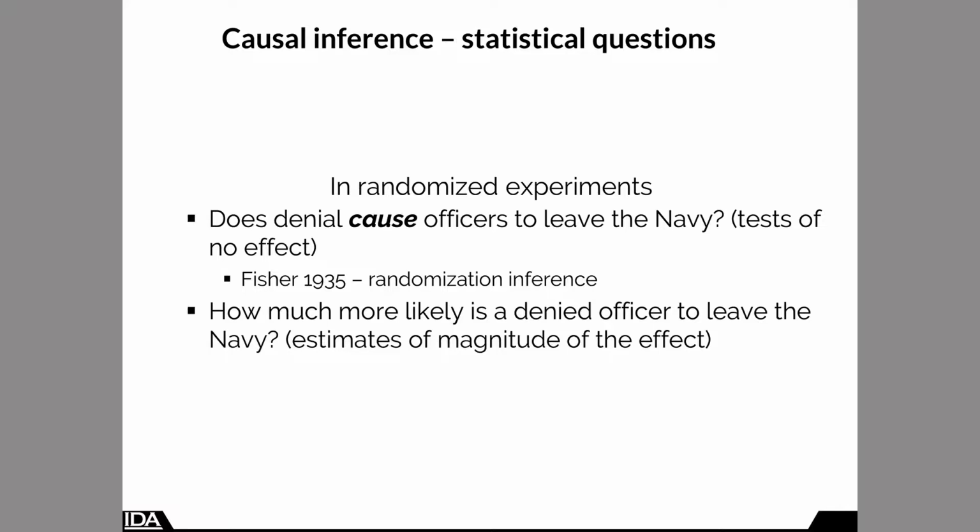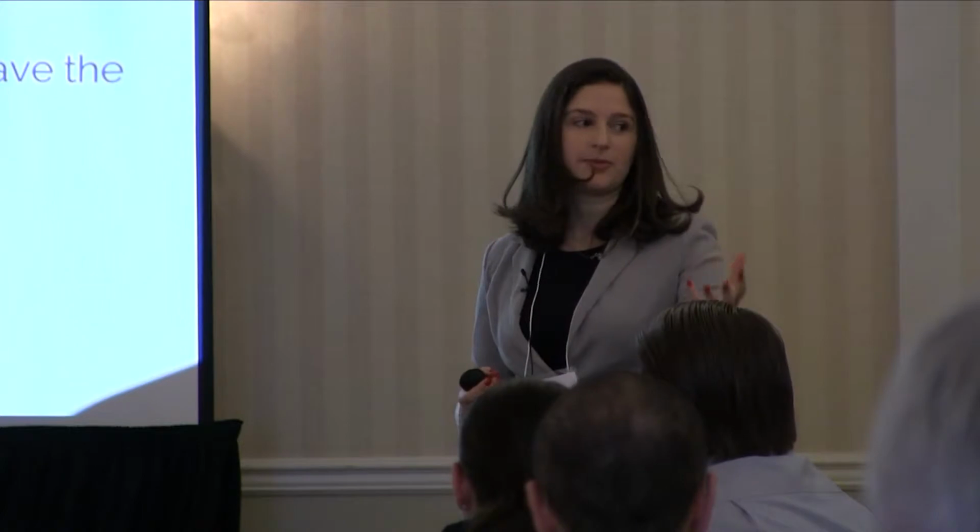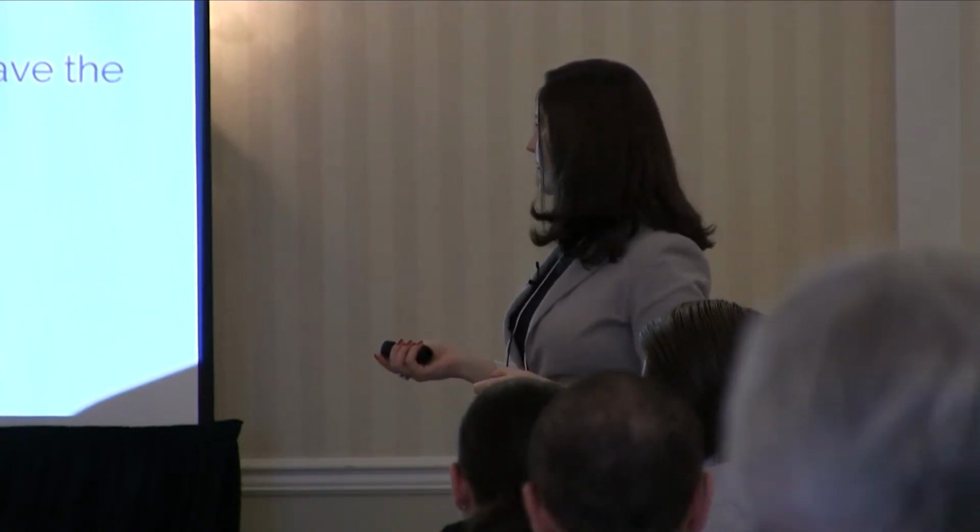And you could do this test, especially if you had a proper randomized experiment. You wouldn't even have to necessarily worry about any other covariates. You could just do a Fisher test, just say, yes, there is an effect, or no, there is no effect. If you cared about how much of an effect there is, you could run a regression or do some other kind of analysis to estimate how much the probability of an officer leaving goes up just because they got denied.